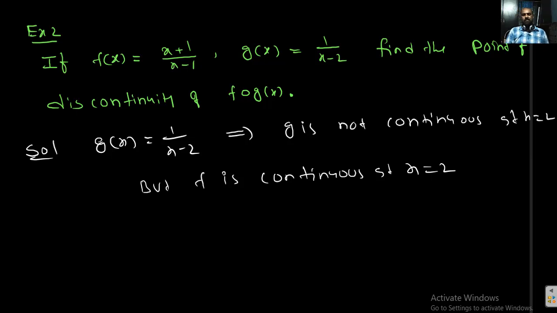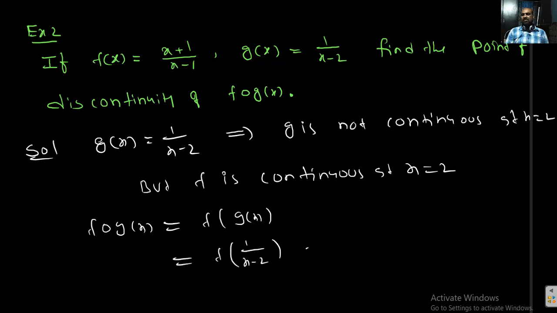Next, I want to find the rule of f circle g of x, that is f of g of x. f of g of x means f of 1 by x minus 2. This is just like f of k. f of k means k plus 1 by k minus 1.